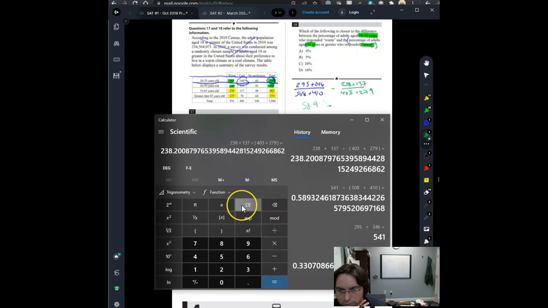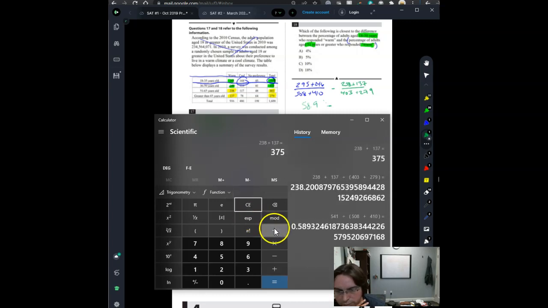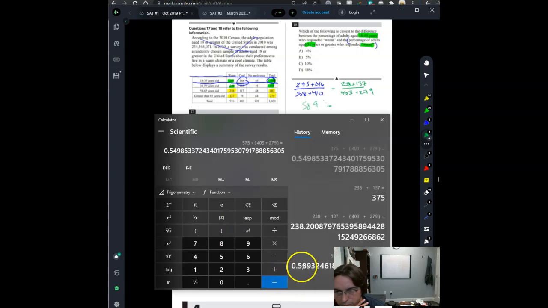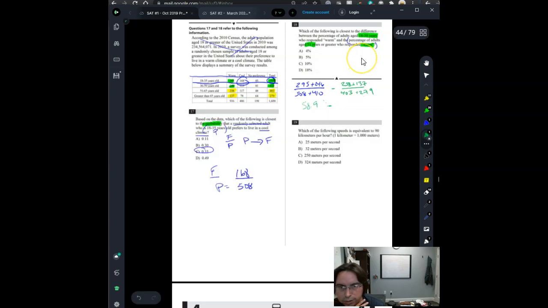Something happened there. Okay, let's try that again. 238 plus 137, so my sum, and then I want to divide that by the sum of the bottom numbers, 403 plus 279. There we go, 54.9. So it looks like the difference of 4% there. So yeah, the difference there is 4.